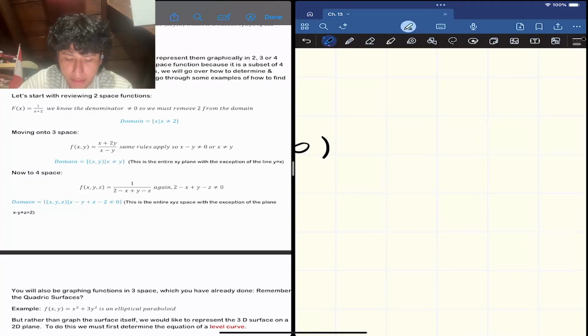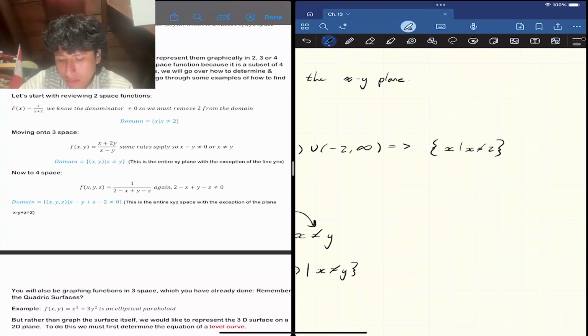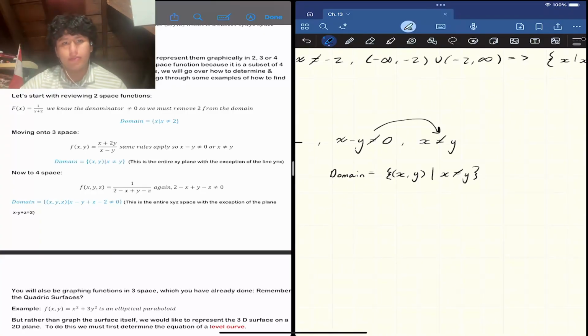I guess they kind of write it the same way here, but this can also be the values of x where x cannot be equal to negative 2. And this one's actually fairly intuitive. I mean, it's the values of x and y where x can't be equal to y. So I guess that makes perfect sense. Let's continue.